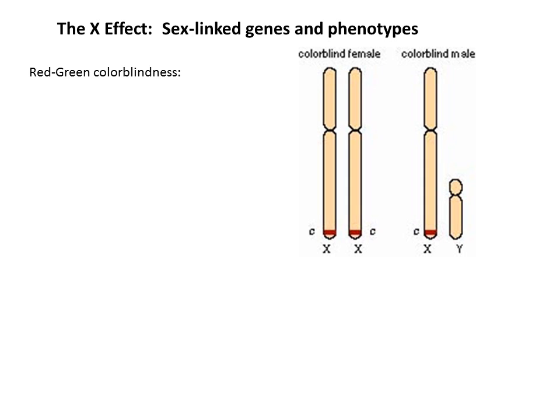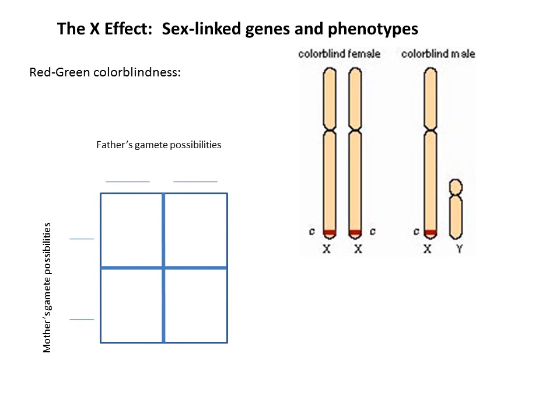So let's do a series of crosses. What I'd like to do, I'm going to set up the scenario. I'd like for you to set up the Punnett square, put the video on pause, and then try these problems out yourself. And we're going to look specifically at color blindness. So here we have a female and a male. For this first situation, the father is normal, but the mother is a carrier.